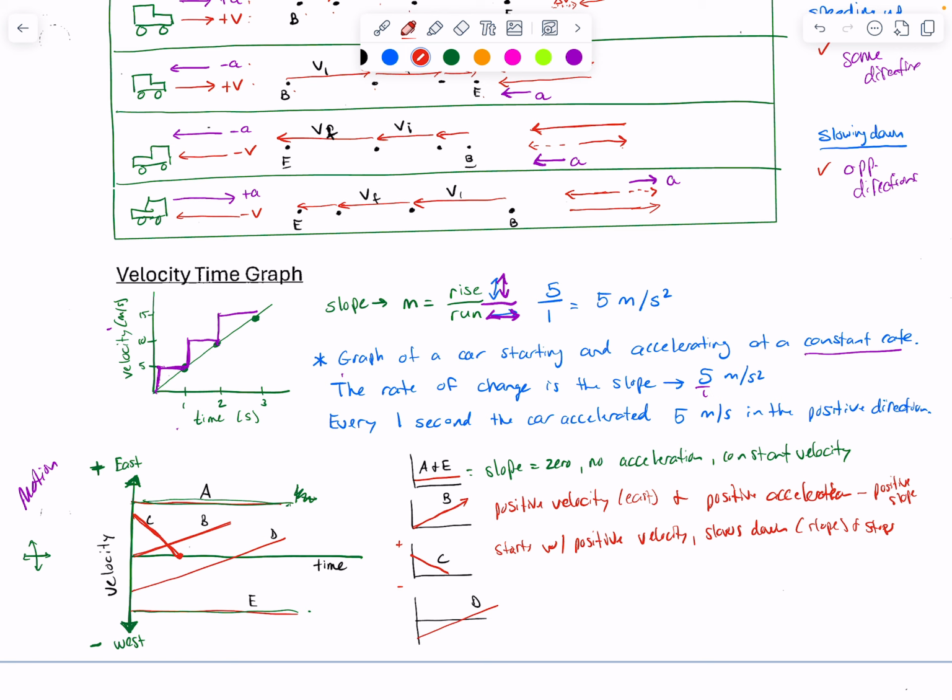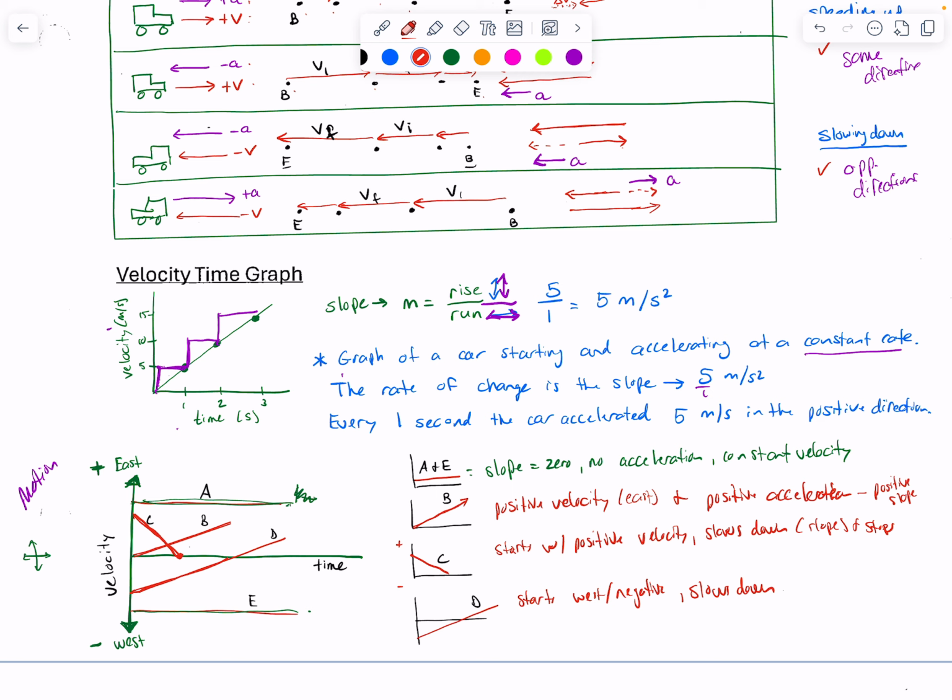That's runner C. Now, runner D is a little interesting because it starts in motion in the west. So it starts in the west, or what we would say is the negative side of the graph. Okay, so it starts down here. And because it's going towards the origin, so to speak, we're going to say it slows down. So it's slowing down at that point there.